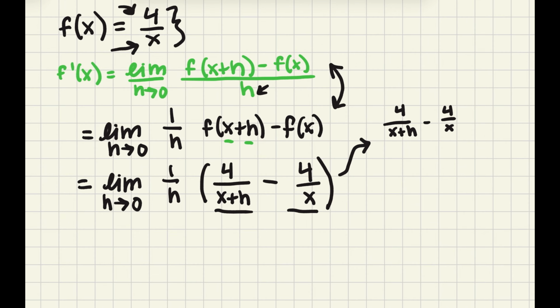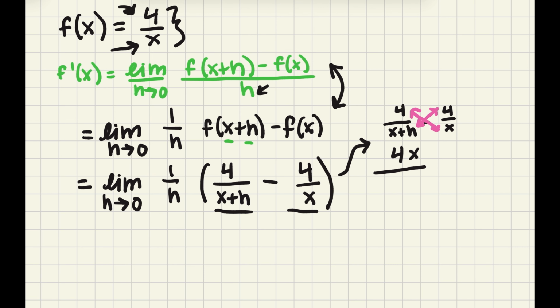Okay, so now we're basically going to go back to pretty elementary math. So we're going to multiply the 4 by the x, and the 4 up here by the x plus h, and that's going to give us our common denominator.